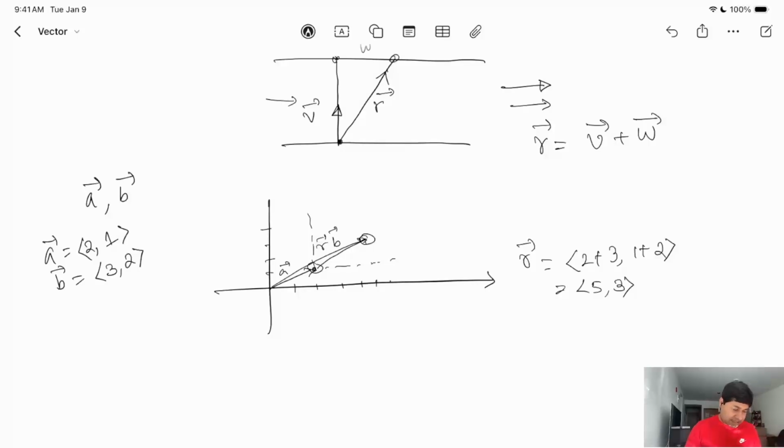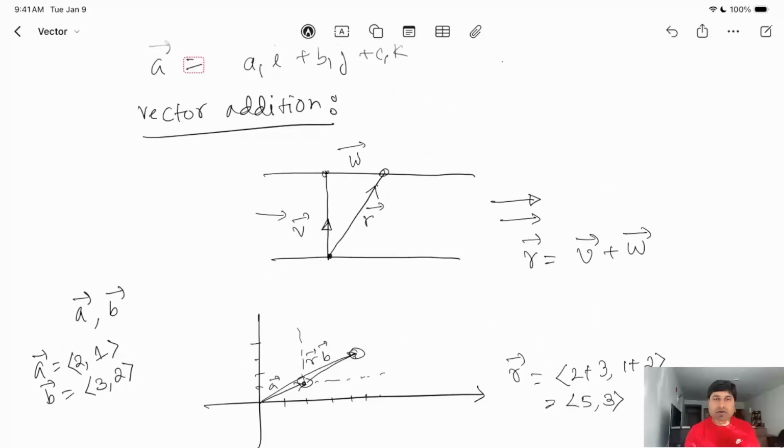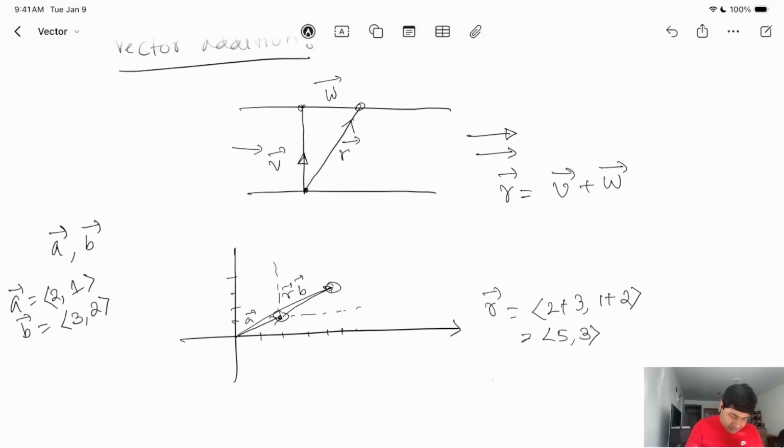Now a similar thing is happening in the scenario where the river was flowing in the X direction and you are traveling in the Y direction, and the resultant becomes R. In this coordinate system, what is the magnitude of R? It's the square root of 5 squared plus 3 squared, 25 plus 9, which is 34. So it's approximately close to 6.